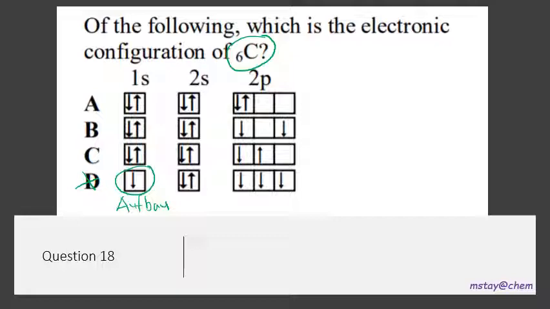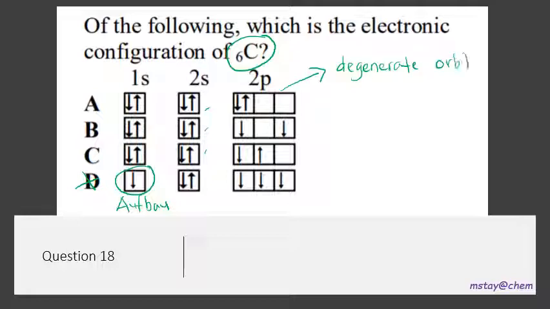The next one, the 2s orbital, is basically similar. So what makes them different will be 2p. There are three 2p orbitals, and all these three 2p orbitals have the same energy, which we call degenerate orbitals.